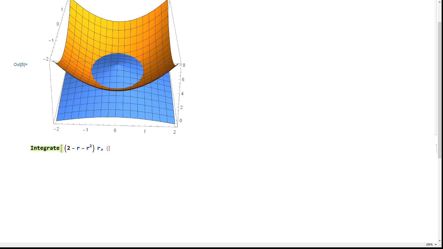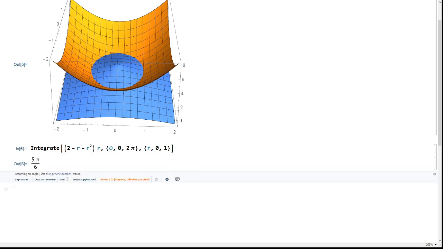Now remember, the order we type these bounds in is looking at our double integral. We type the left one first, then the right one. So 0 to 2 pi, and r goes from 0 to 1. Right? And now we just integrate that. 5 pi over 6. So that means the volume of that shape is 5 pi over 6.